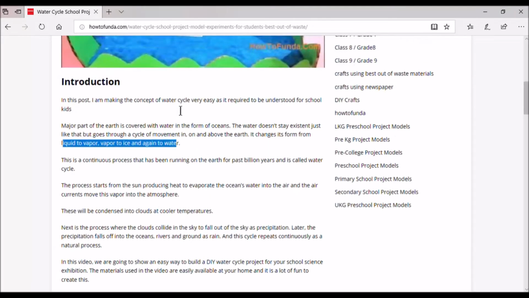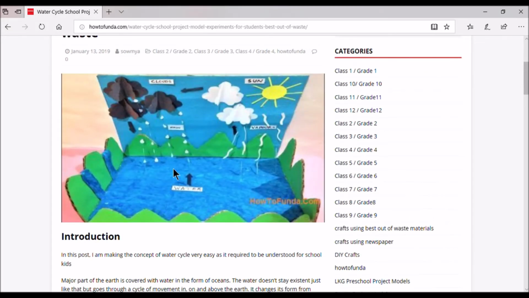If you can see here, the complete water is there in the ocean, and when the sun's energy is applied, this water evaporates and goes up as vapors. It forms the clouds. The clouds become dark, and rain will happen.